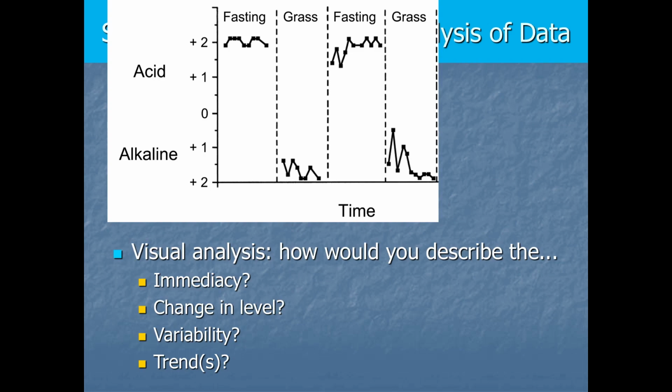Okay, what about variability? Well, overall here, I'd say there's not a ton of variability, though certainly there's more in the 3rd and 4th phases. There's some, but importantly, the variability, even in the 3rd and 4th condition, within those conditions is not so extreme as to be anywhere near the change in level that we're seeing.